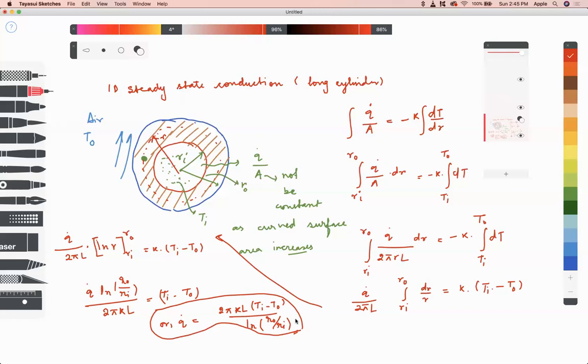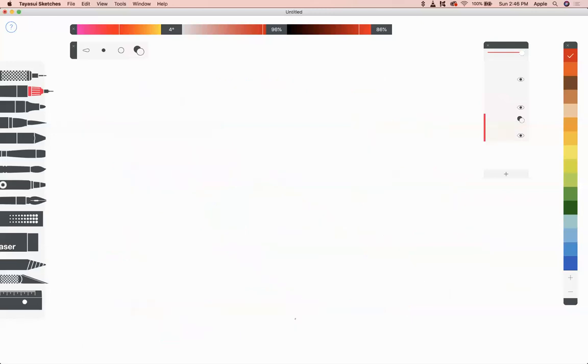Next case that we are going to take is that of a sphere. So we're taking into consideration one-dimensional conduction in case of a sphere. The same thing goes if I take a cross section of a sphere.